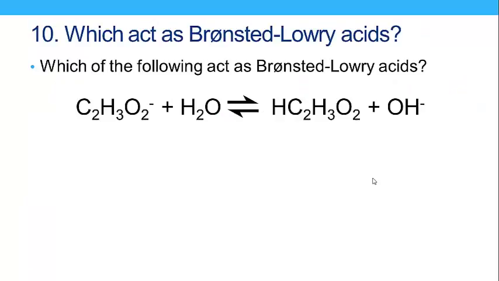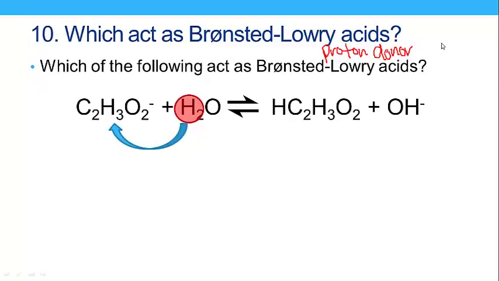Which of the following act as Brønsted-Lowry acids? Remember, with Brønsted-Lowry, we're looking for the proton donor, so the hydrogen ion donor. If we look at water, in order for the C2H3O2- to become acetic acid, it needs to accept a hydrogen.